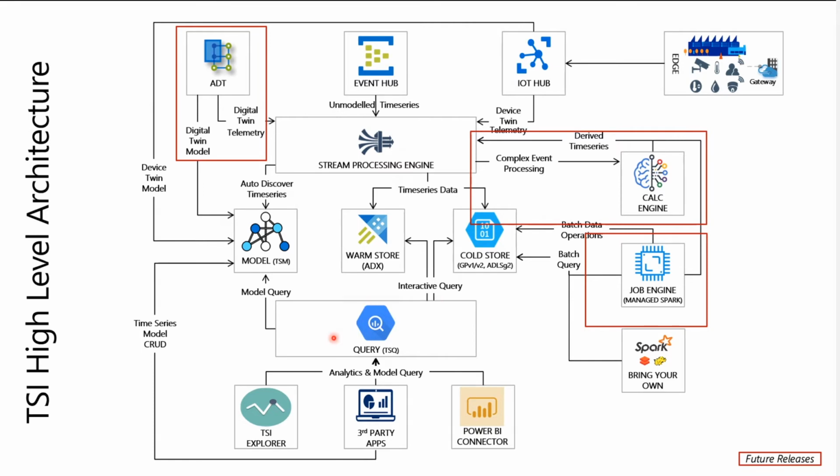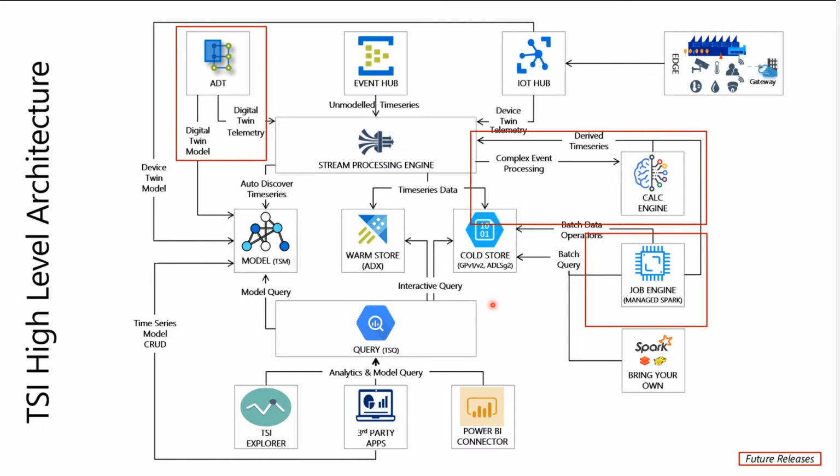TSQ synchronously goes and queries the data, but in future we will support scenarios enabling batch queries for our customers. And we do have our Spark connector, through which customers can take the data stored in cold store and integrate that with the line of business applications they have, or any downstream or upstream analytic solutions.